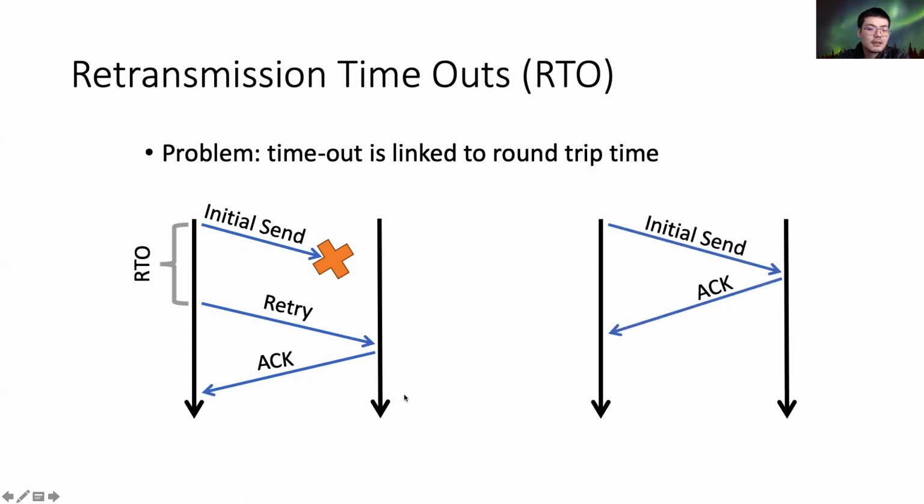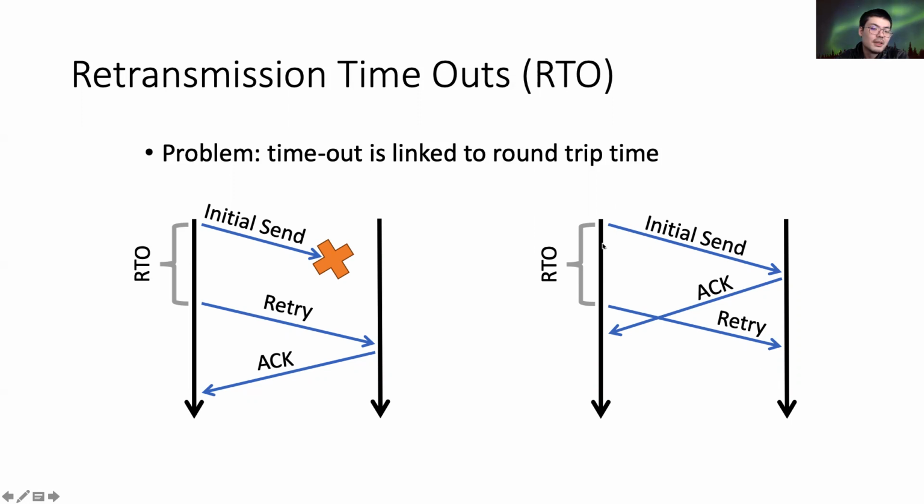This can get quite messy if you think about it. Suppose the RTO is short. If you say hi and the other party says hi back, and this takes, let's say, 1 second, and you retransmit immediately, in less than 1 second, then you will never get a successful packet.